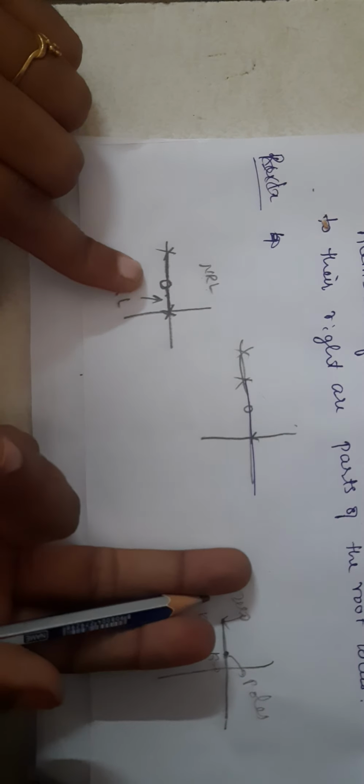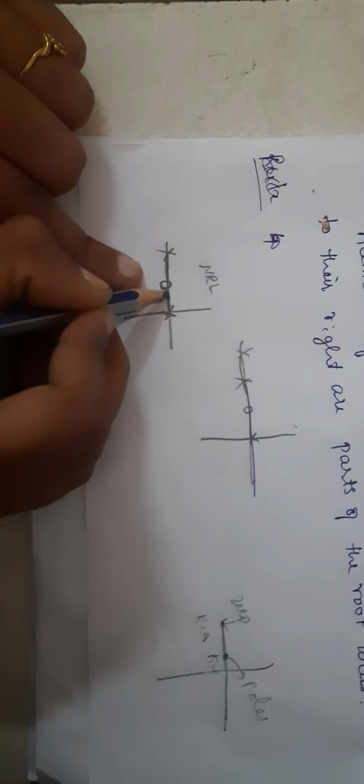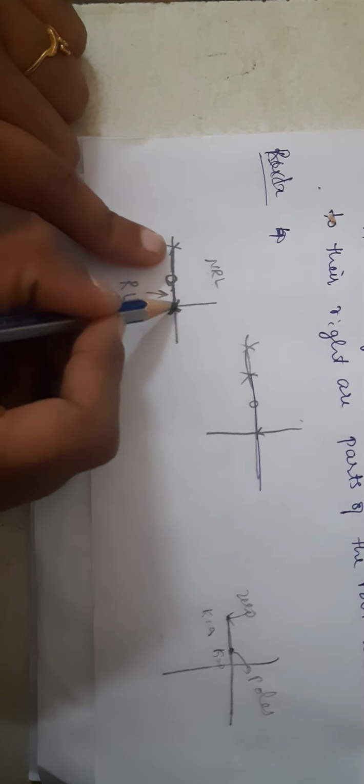This one is root locus, because the right hand side of this path will have an odd number of roots; at this path, on the right hand side, it has 1 root. See this one, the right hand side of this one will have 2, means an even number, so no root locus will exist at this path.